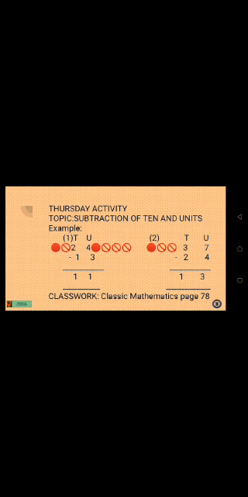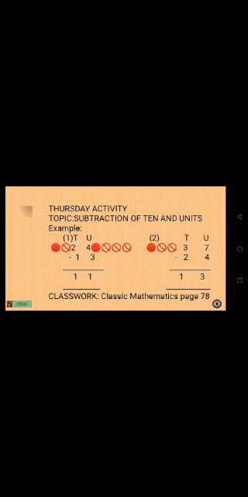Then you move to the tens hand side also again. There you have 3 take away 2. What are we supposed to do? We count 3. Let's count that 3 together. 1, 2, 3. Take away what? 2.